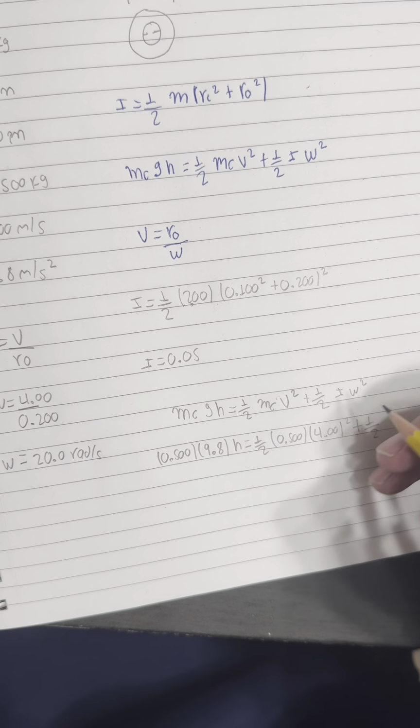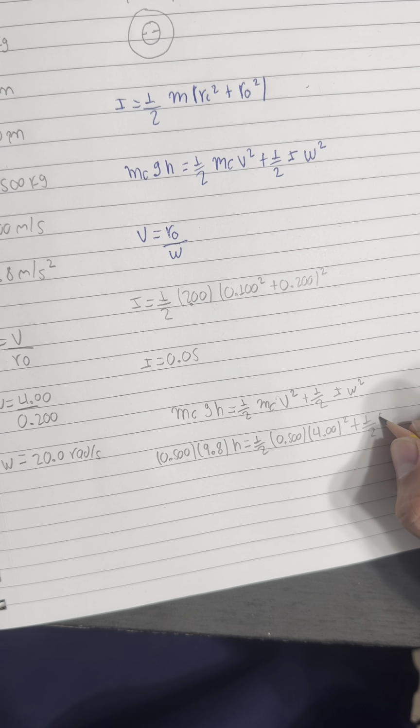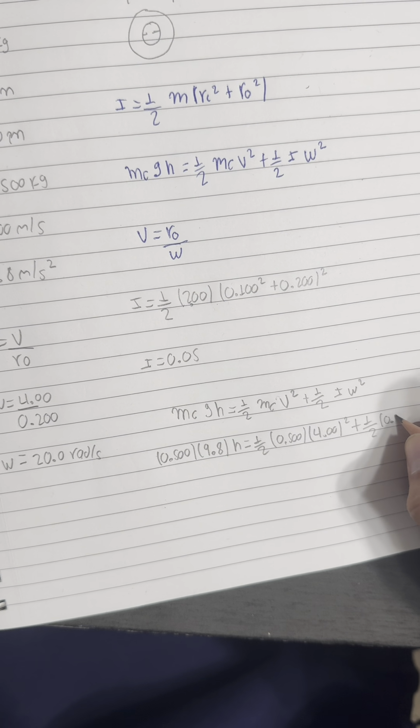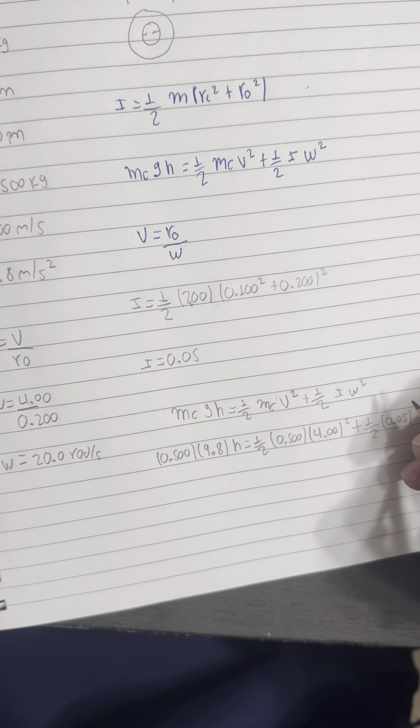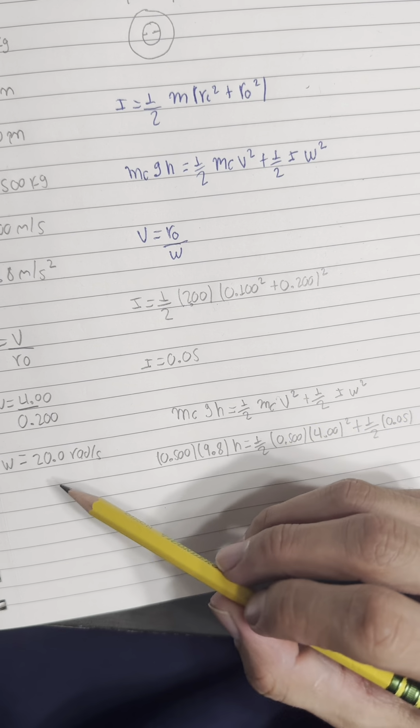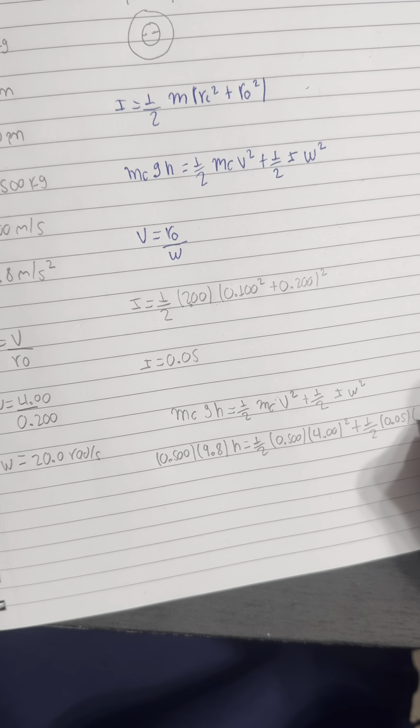We know inertia is 0.05, times the angular velocity, which is 20 radians per second.